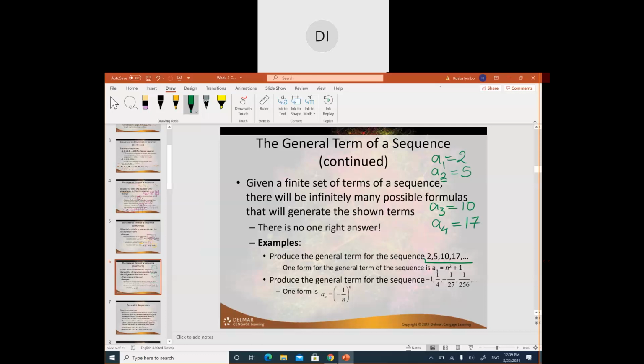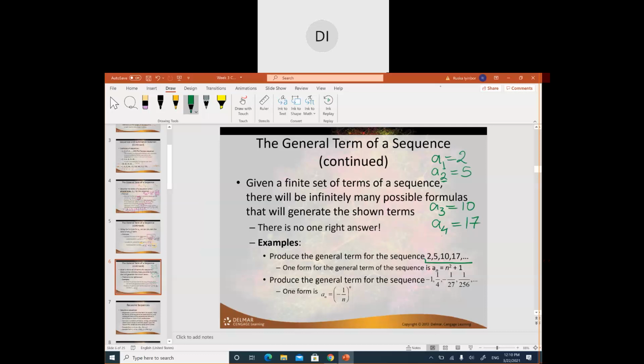There's another way to represent that, we're going to talk about that later, but now we need to find a formula which connects 1 and 2, 2 and 5, 3 and 10, 4 and 17. So when I replace n with 2, I'm going to get 5. When I replace n with 3, I'm going to get 10. Okay?